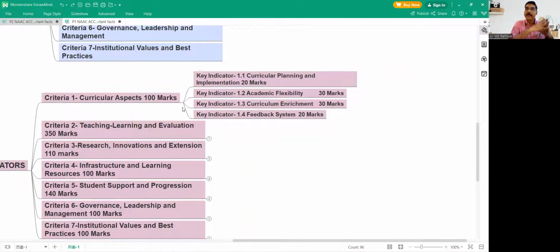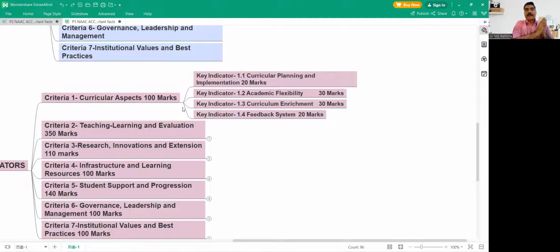Curricular planning and implementation means, since the affiliated institutes have to follow the syllabus or curriculum prescribed by the affiliating university, the option with them is to implement the syllabus or curriculum as such or in an effective manner, so that the students can understand the things well. So this comprises 20 marks.